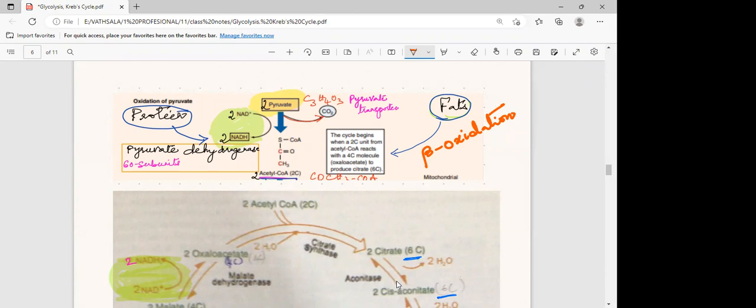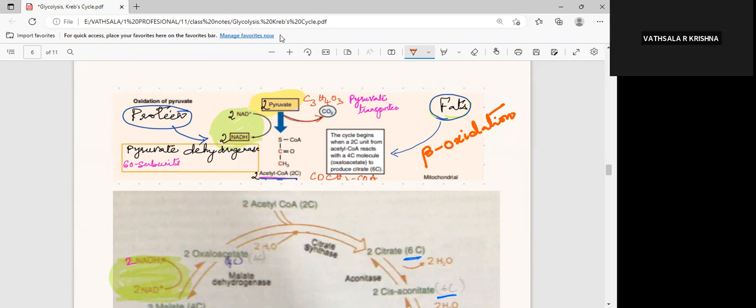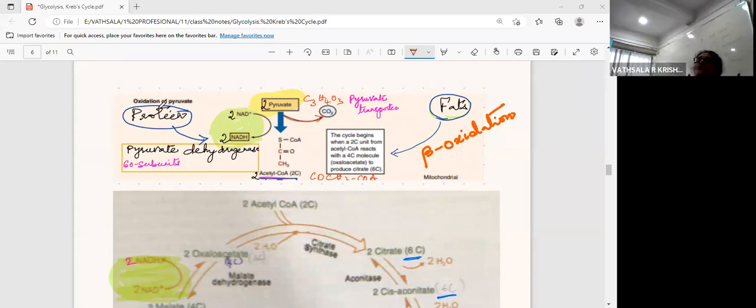Excess proteins and excess fats are converted to sugar, and that's called gluconeogenesis. It happens in your liver. Suppose a person is taking too much protein, ketone bodies increase in the body.